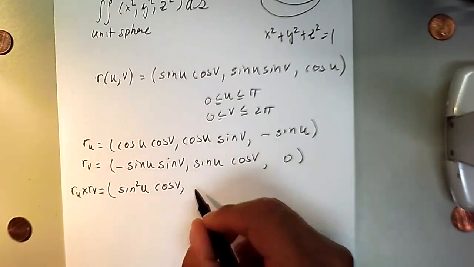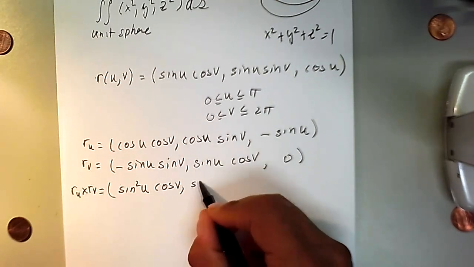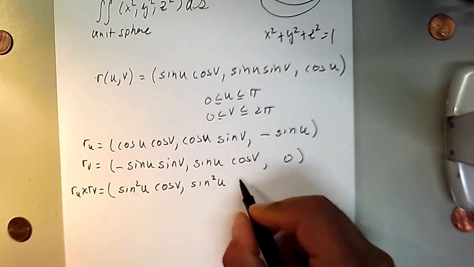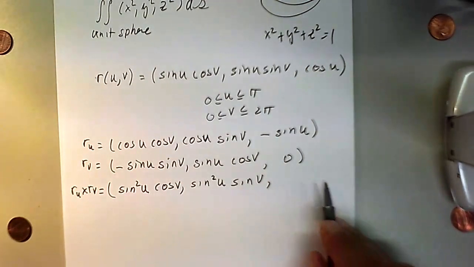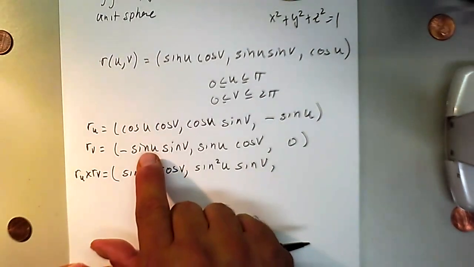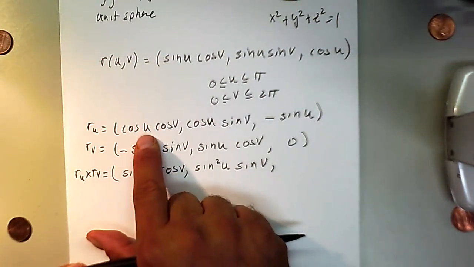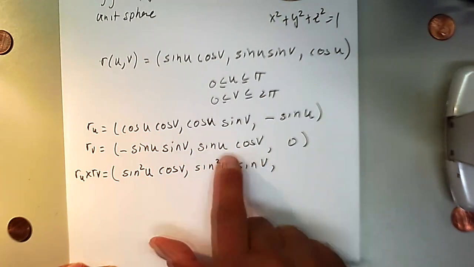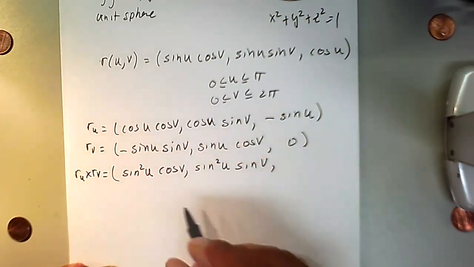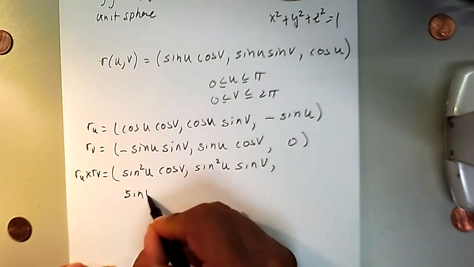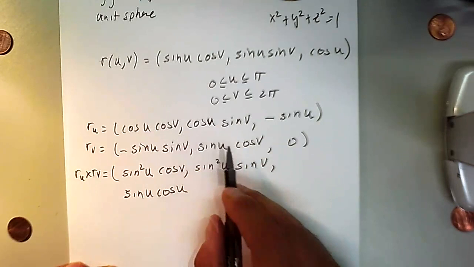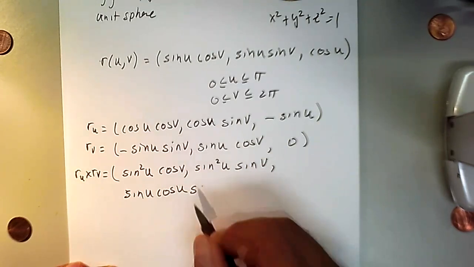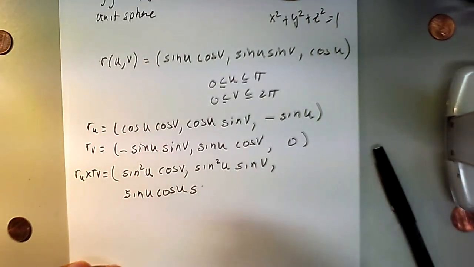Zero minus, yeah, so sine squared of u sine v, comma, and then this next coordinate will have two terms. They have cosine v in common, but then sine u cosine u, sine u cosine u, and then cosine v squared.